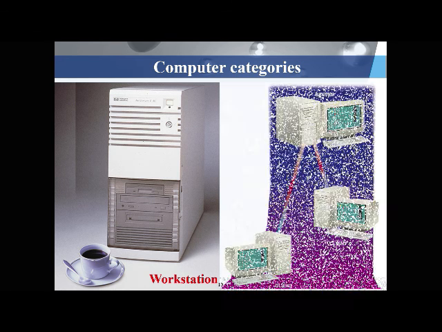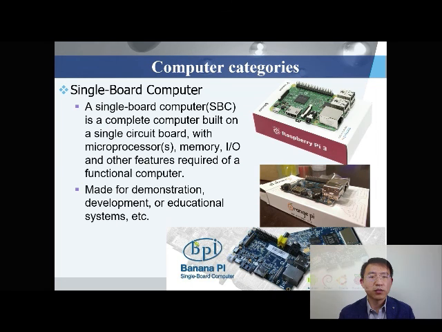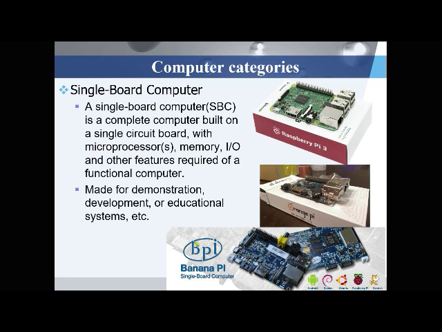So it's a workstation. Okay, and these are single board computers, like the one I'm holding now is called Raspberry Pi, and it's a single board computer. So it actually means everything is already mounted on the main board. It's also a complete computer, but built on a single circuit board.